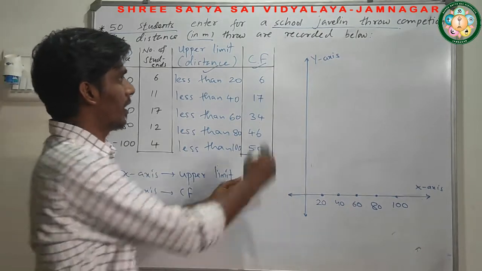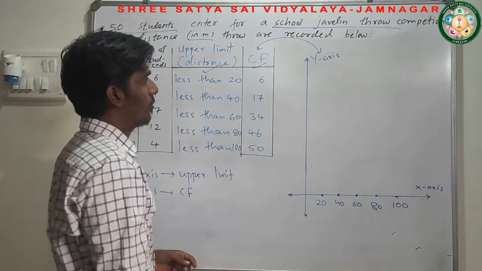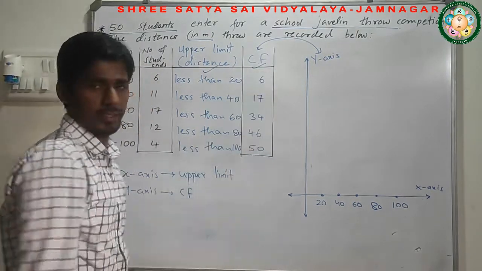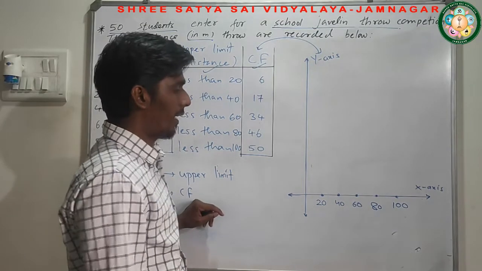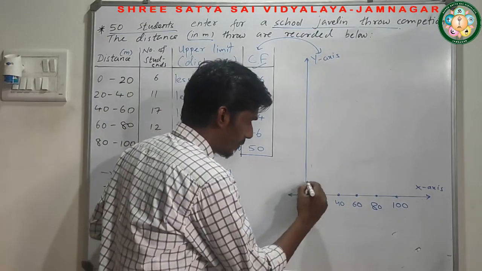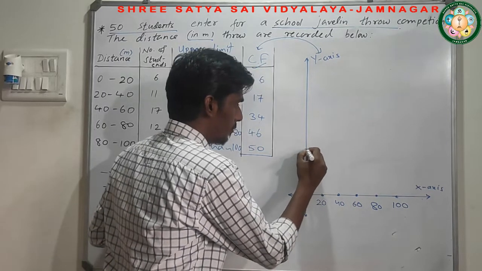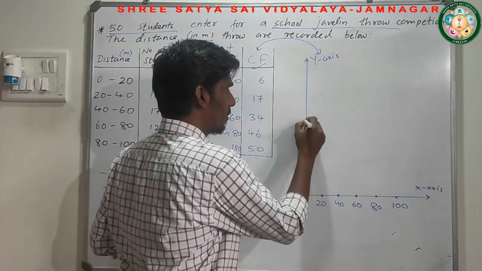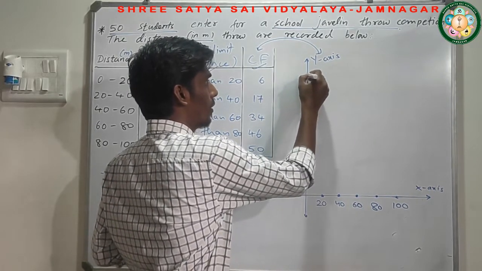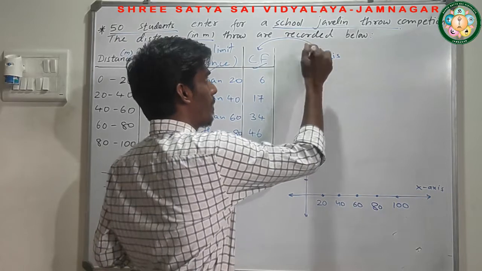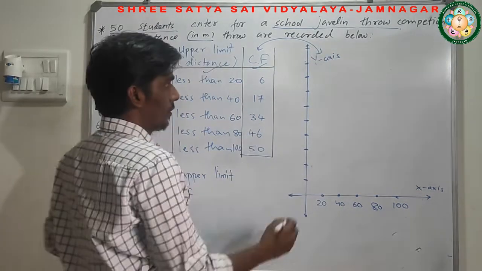Now on y-axis, I have to plot CF. What is the maximum number here? It's 50. Smallest one is 6. So better to take 5, 10, 15. So we'll start with 5, 10, 15, 20, 25, 30, 35, 40, 45 and 50.